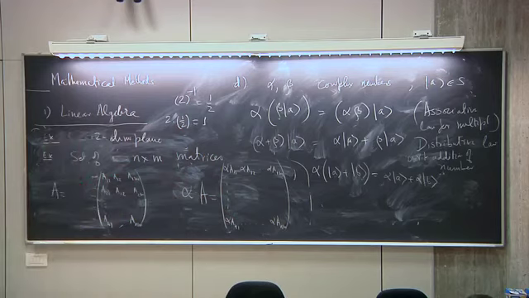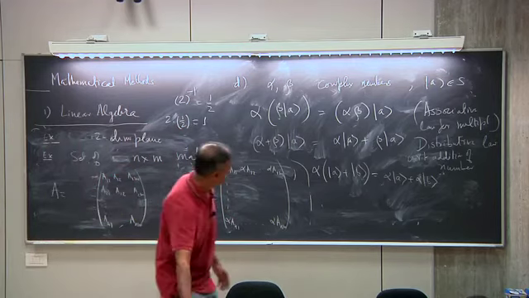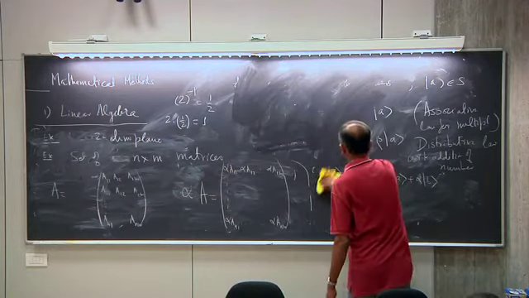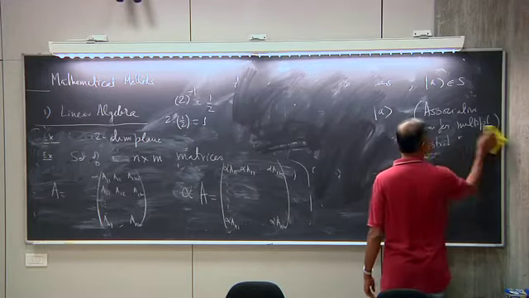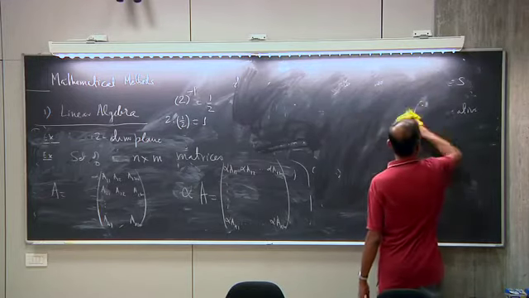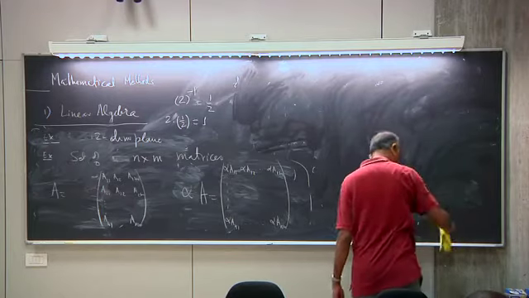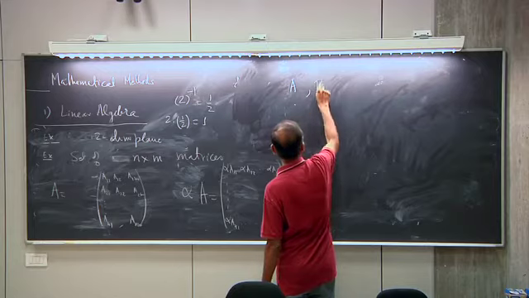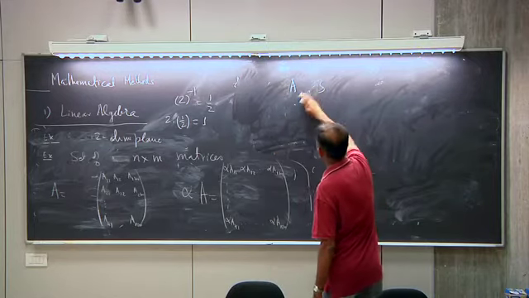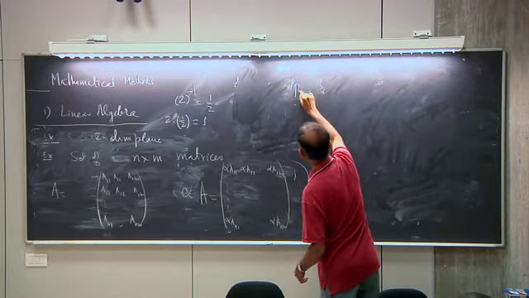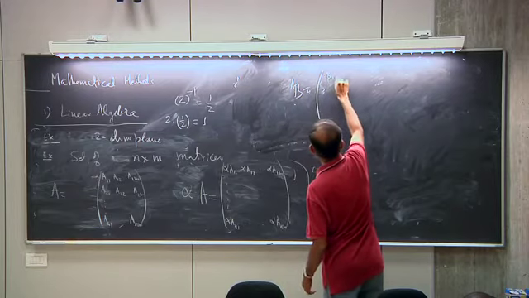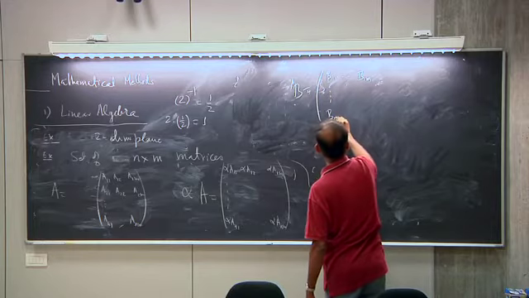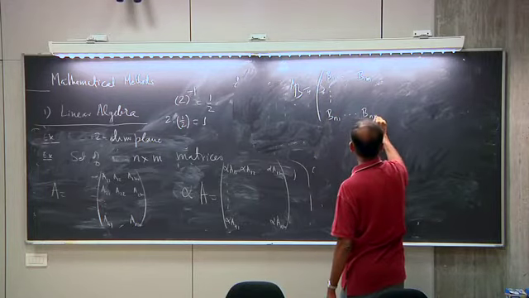Okay. Now, what is the rule of addition? If I give you two matrices A and B, where A is this, and let's say another matrix B, which is B11 up to B1m, and Bn1 to Bnm.